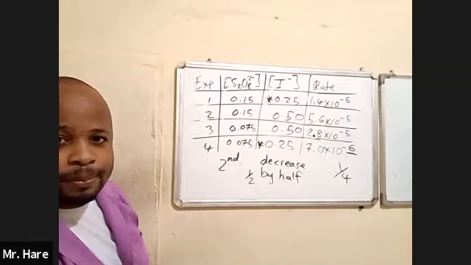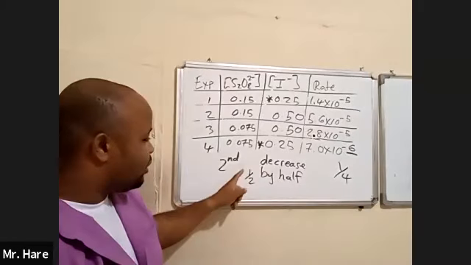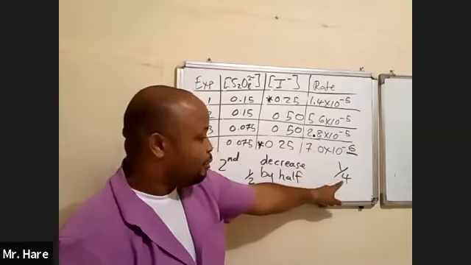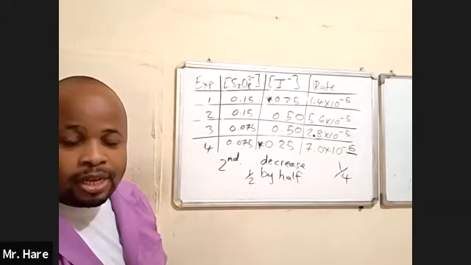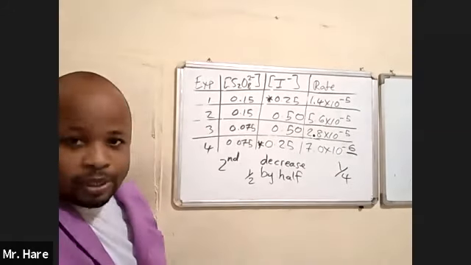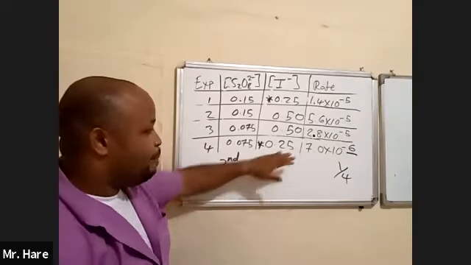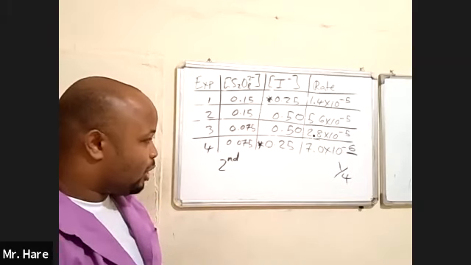Everybody understand this? Yes, sir. So if the concentration decreased by a half and the rate decreased by a factor of 4, then it is still second order, right? Good. Now, the next way, if you always divide the bigger number by the smaller one, you will not get fractions.